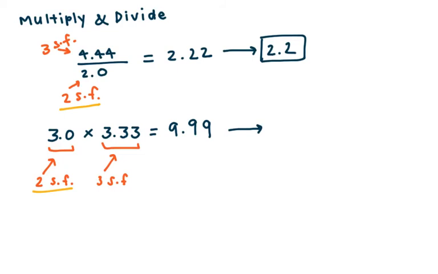But notice, if we look at our rounding rules, we have 9, which means we need to increase by 1. So our answer will be 10, but we need to put a decimal point in order for our answer to have a total of 2 sig figs, because this will be 1 sig fig, and this will be the other sig fig.